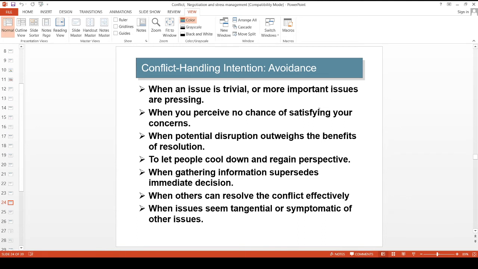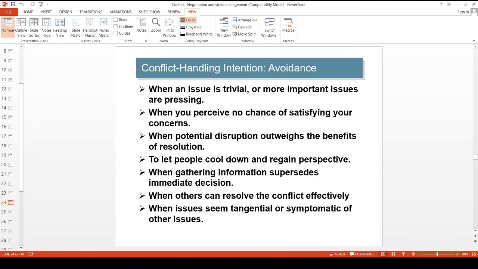This approach is particularly important when potential disruption outweighs the benefits of resolution. When you perceive that your benefits will not be there and disturbance will be there in a conflict handling situation, then you try to avoid it.